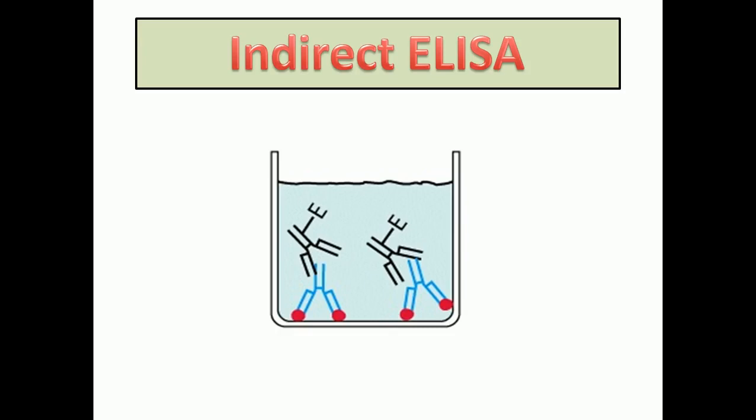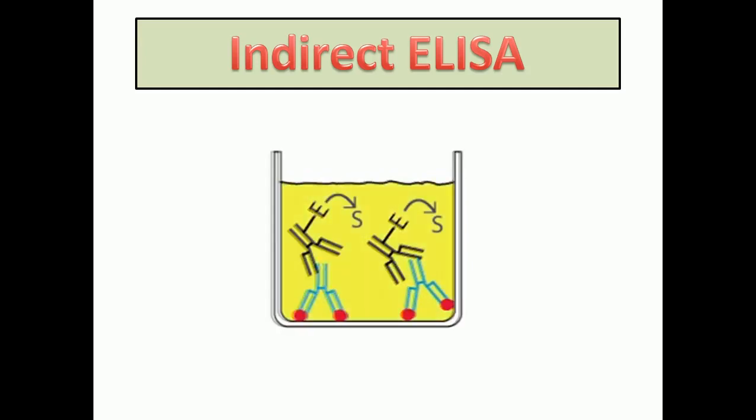After that we add our substrate, because the enzyme will interact with the substrate to convert it into a colored product. So the color of the solution in the well changes, and we can detect the presence of that antibody. If the whole process results in no coloration in the well, that means there is no antibody present for the antigen that we test for.